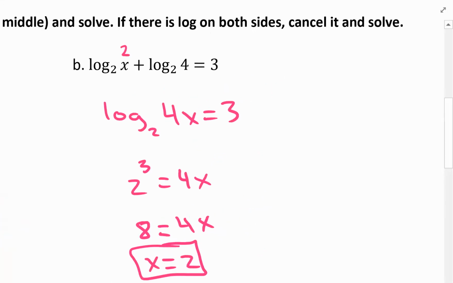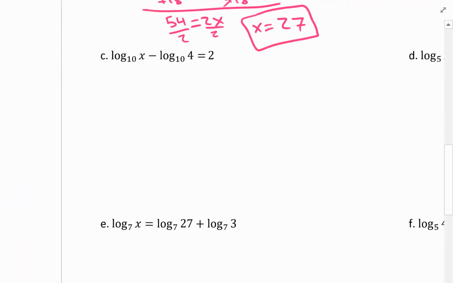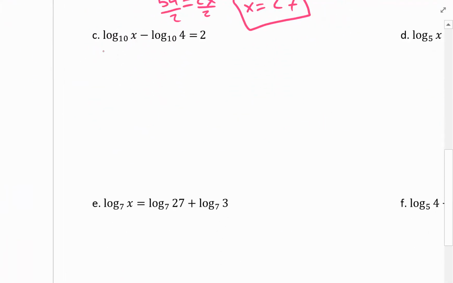Let's keep going. Now we have log minus a log. We learned in the last lesson that log minus log turns into log of the first thing over the second thing. So the x goes over the 4. Alright, now I have log on one side, so we switch forms.